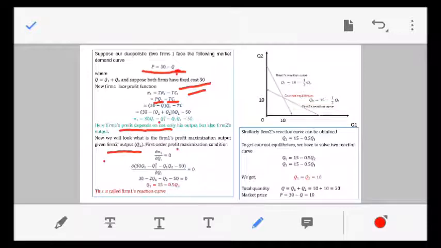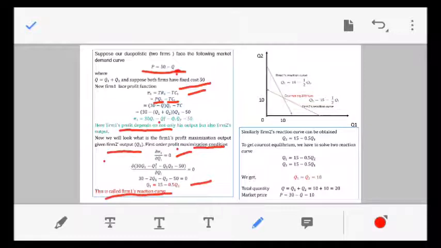The first order profit maximization condition is to take the derivative of pi 1. The profit function is 30 Q1 minus Q1 square minus Q1 Q2 minus 50. Setting it equal to 0, we get Q1 equal to 15 minus 0.5 Q2. So this is farm 1's reaction curve.